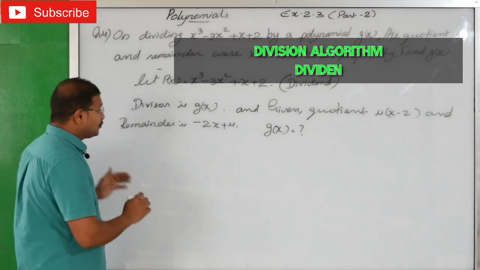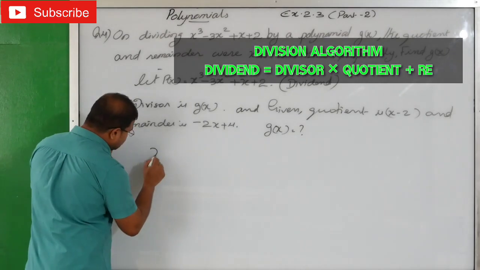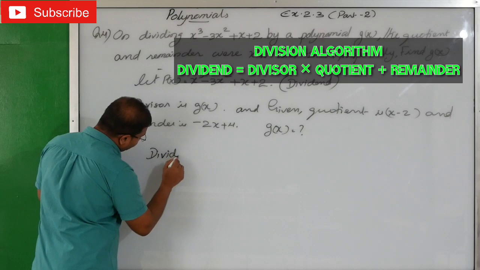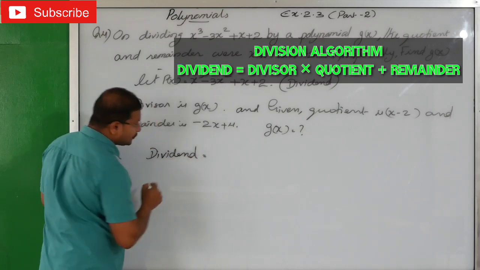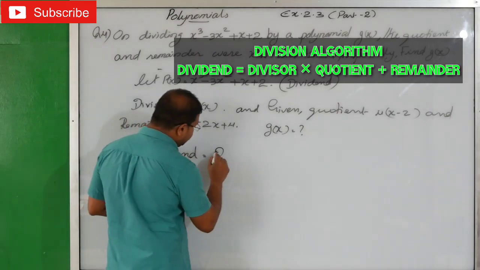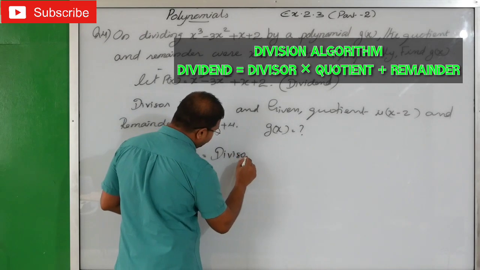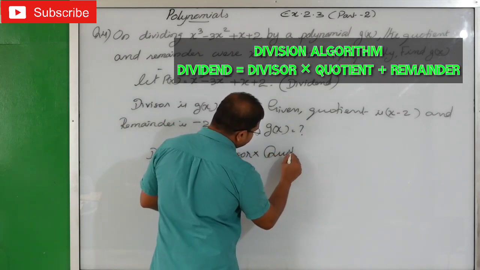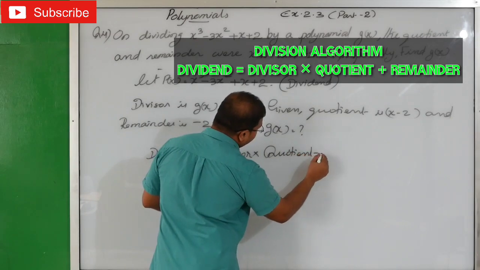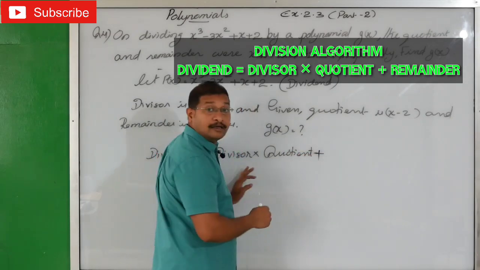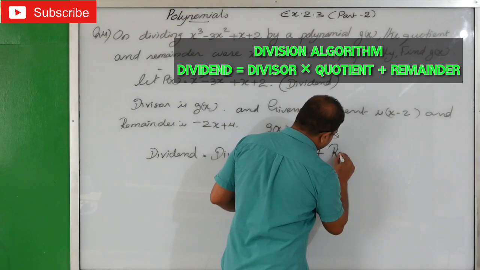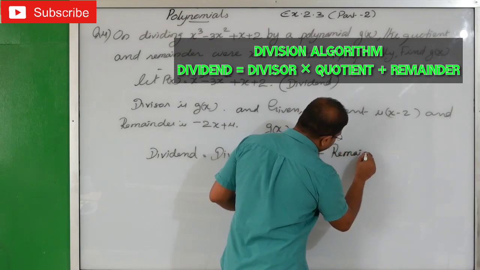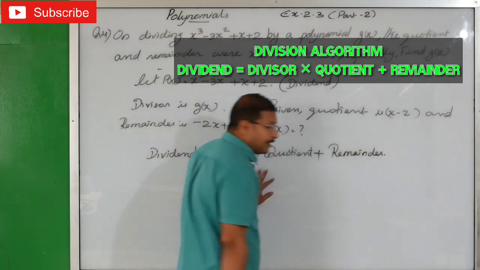What is that? Dividend equals divisor into quotient plus remainder. Ready?